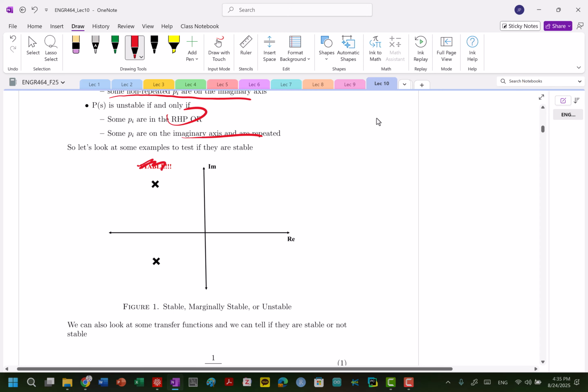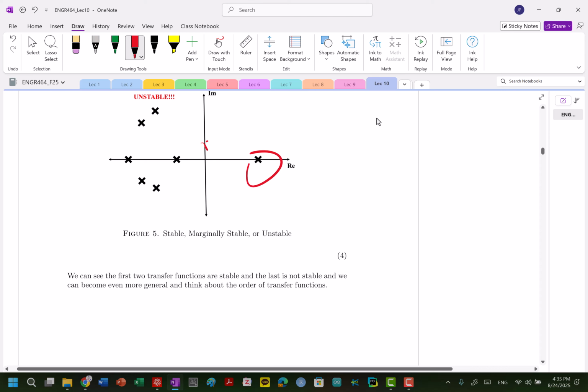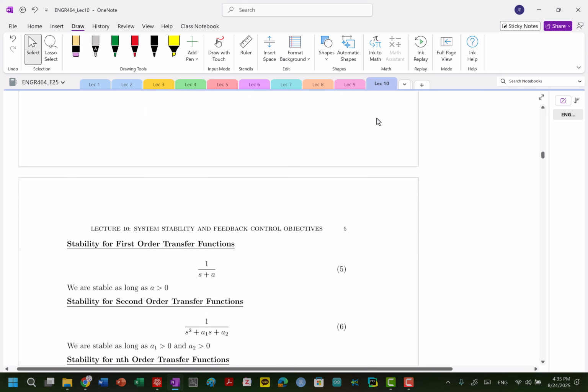If they were repeated, we'd be unstable, but as far as we can see, there's no superimposed repeated one. Here, a pole in the right-hand plane, unstable. Additionally, if I had something like this with another one right on top of it, it would be unstable as well.